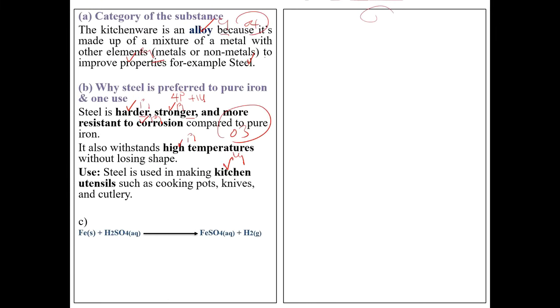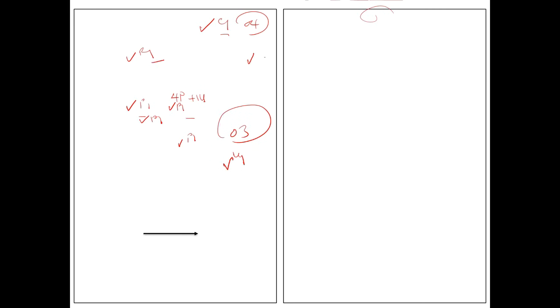Then part C. Part C, what was it asking? Part C is asking to advise these people whether it will work, whether it will do the work it is supposed to do. And we said that for us to get this, we need to calculate.